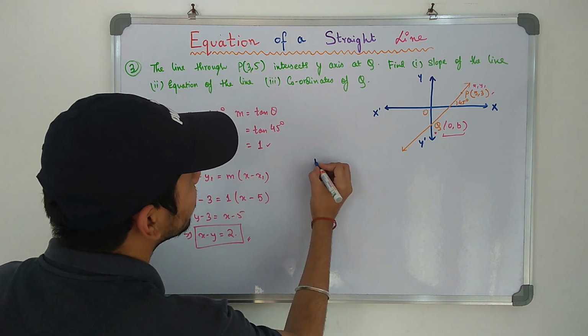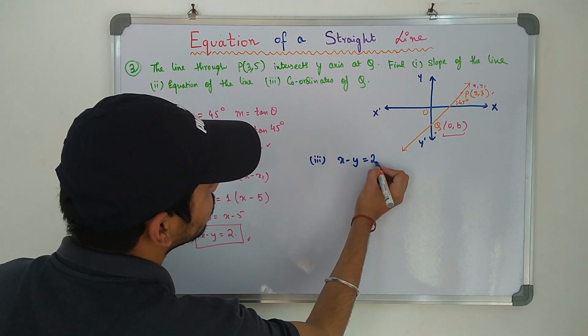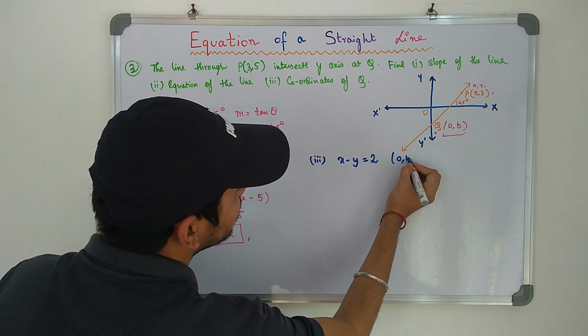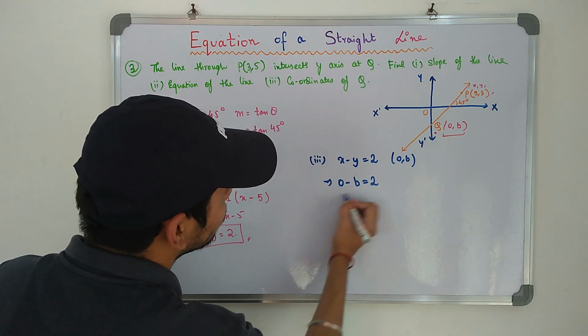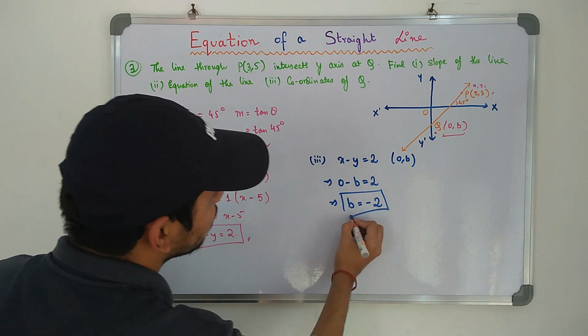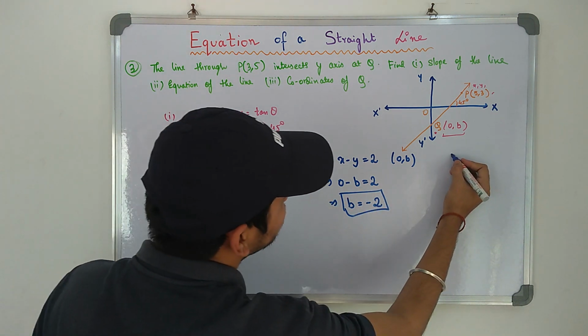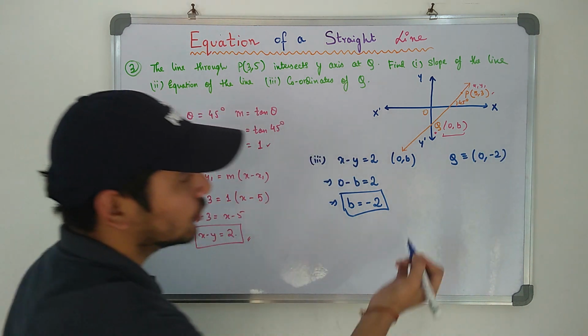So let's do it. Number 3, the equation of the line is x minus y is equal to 2. We have to put the point (0, b). What do we get? 0 minus b is equal to 2. Therefore b is equal to minus 2. Hence we get the value of b as minus 2. So the coordinates of Q is (0, minus 2).